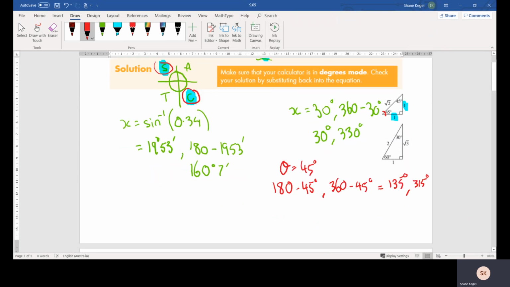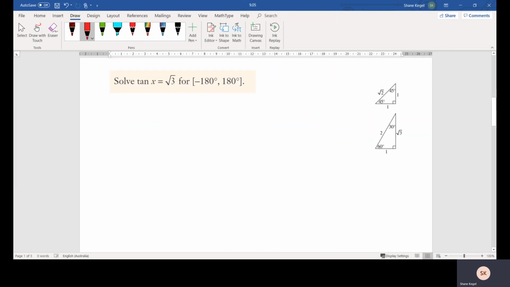Perfect. Moving on. Solve tan x equals root 3, and this time I'm given the parameter of negative 180 to positive 180. So let me draw my unit circle again. All stations to central. First of all, let me solve for x.